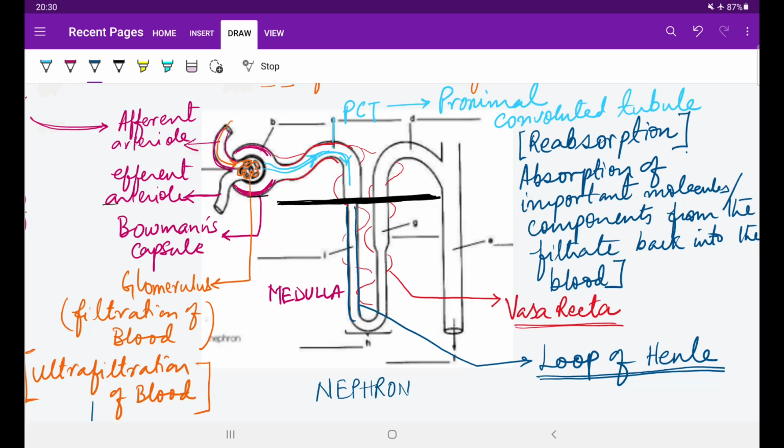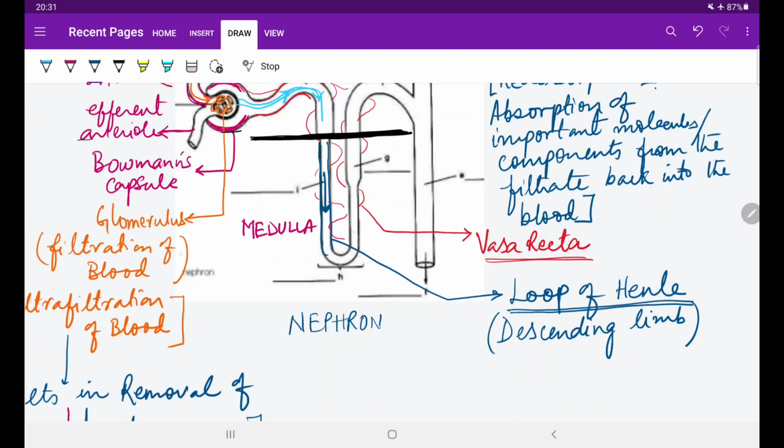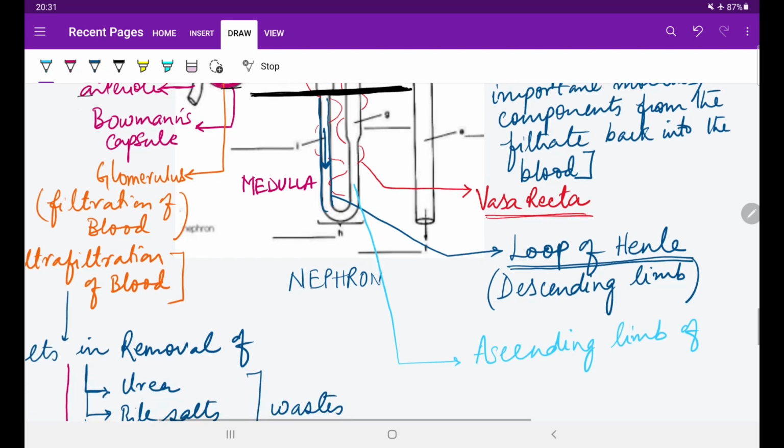This loop of Henle, as I have told you, is running down. So, what is it termed as? This is termed as the descending limb of loop of Henle. Similarly, this particular region, the limb which is rising up, is called the ascending limb of loop of Henle.